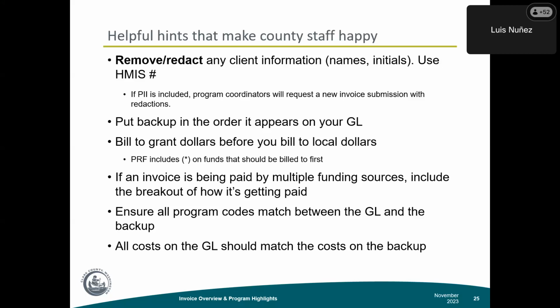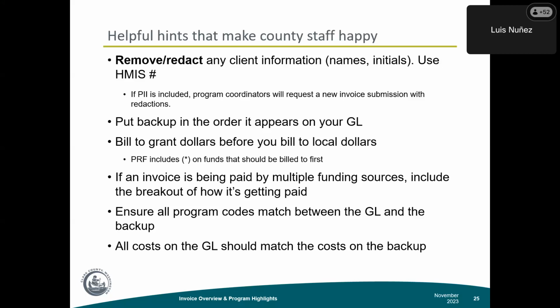If the contract has multiple funding sources and the invoice is being paid through all those sources at once, then we would like you to include a breakout to show which expense is going where. This speeds the process up for finance to figure out what is being billed where.